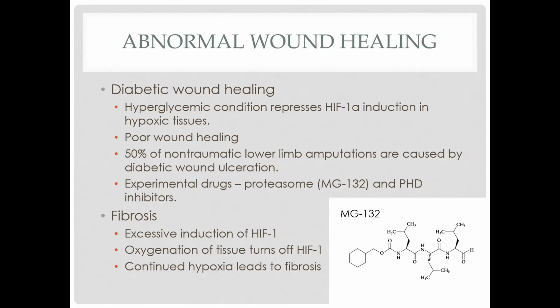In a rodent model of diabetes, it will prevent abnormal wound healing in diabetic mice. It has not been used in human trials yet. It's uncertain if it will be, but it does work very well in rodents. So this is a proof of concept that you can make small molecules that could potentially potentiate wound healing in diabetic patients, targeting HIF-1.